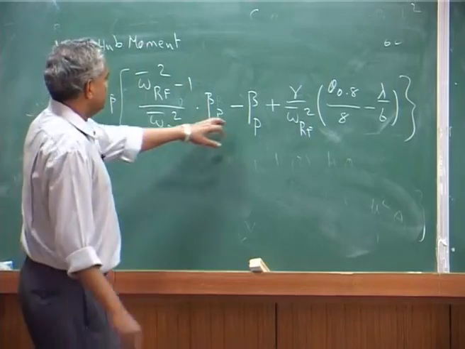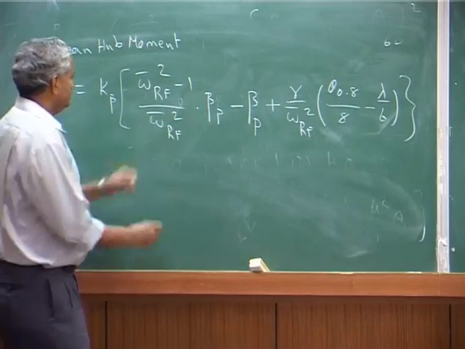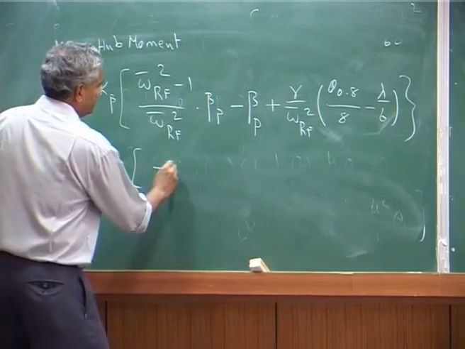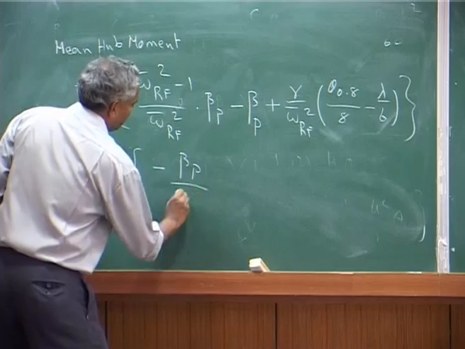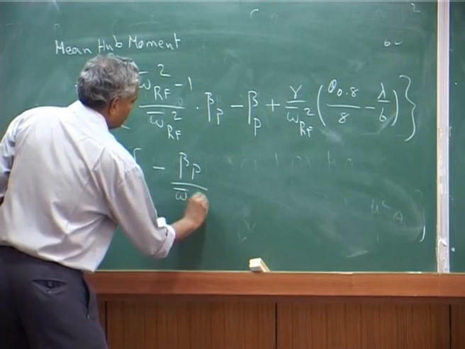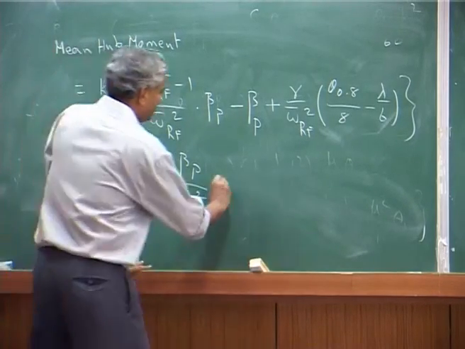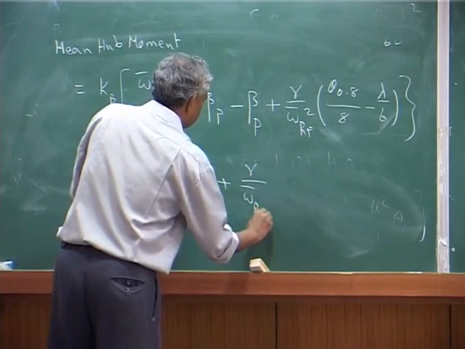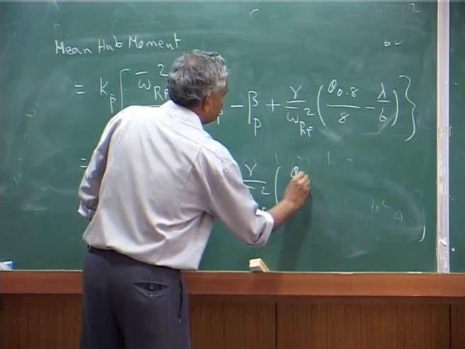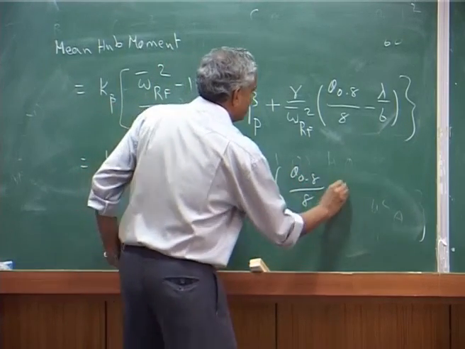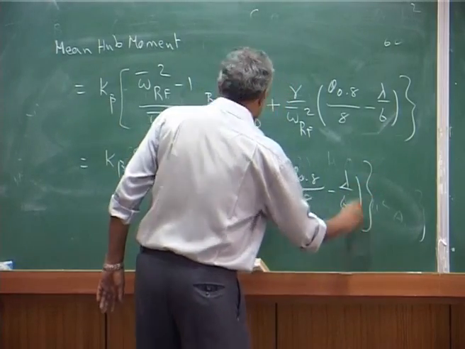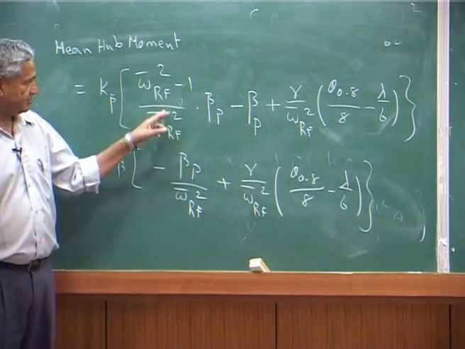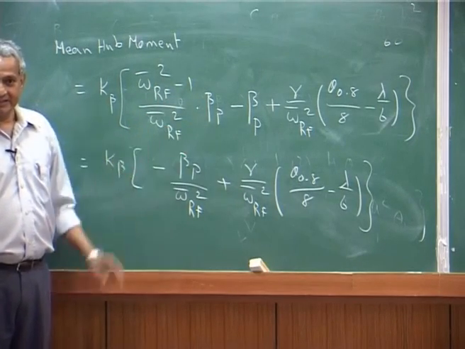So, you subtract, this will become k beta minus, okay, plus this value into theta 0.8 by 8 minus lambda over 6. Okay. Because this is minus beta p.